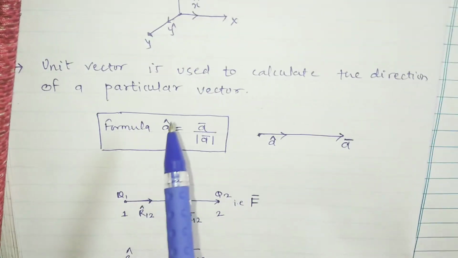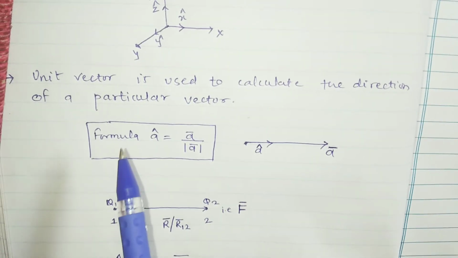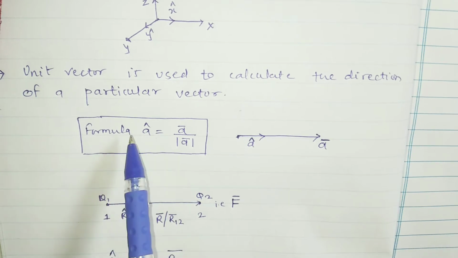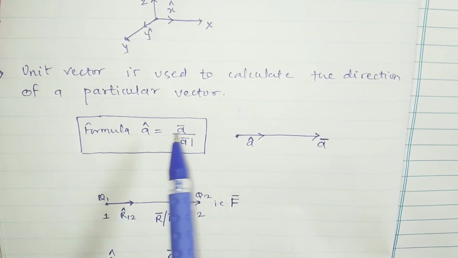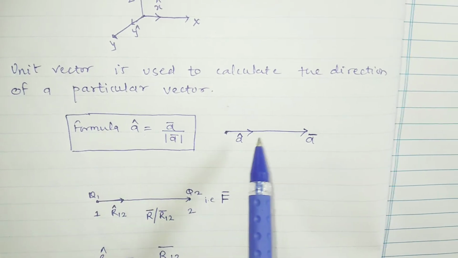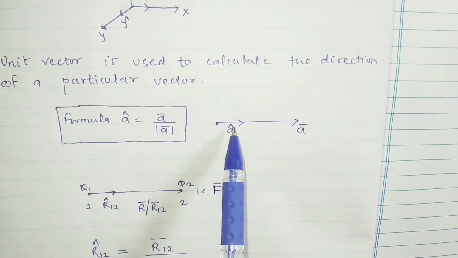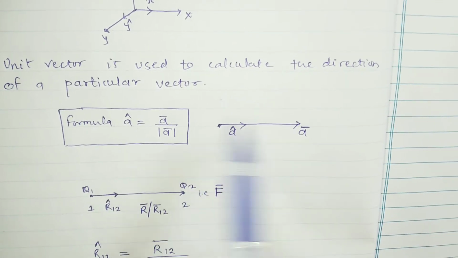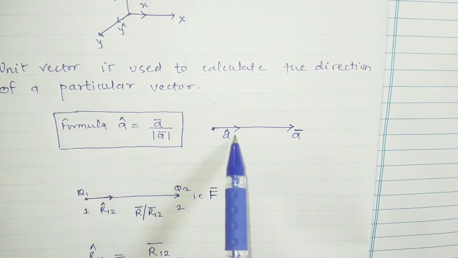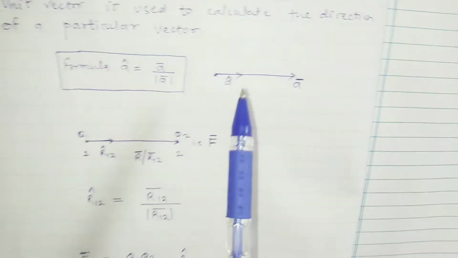Unit vector is used to calculate the direction of a particular vector. Now what is the formula for unit vector? A cap is equal to a bar upon magnitude of a bar. If this is a vector a bar, then how to calculate this a cap? A bar divided by its magnitude, meaning length, right?